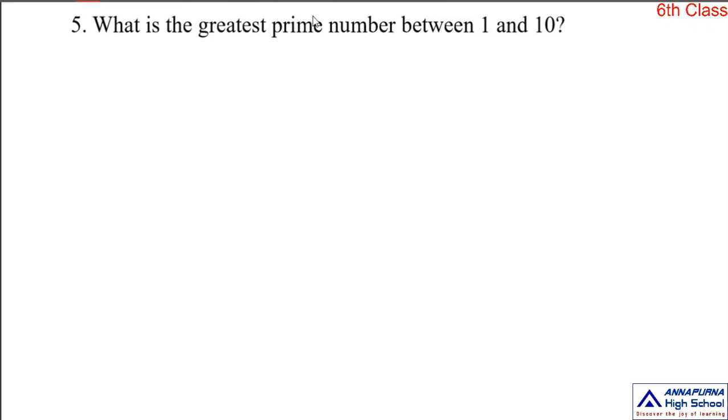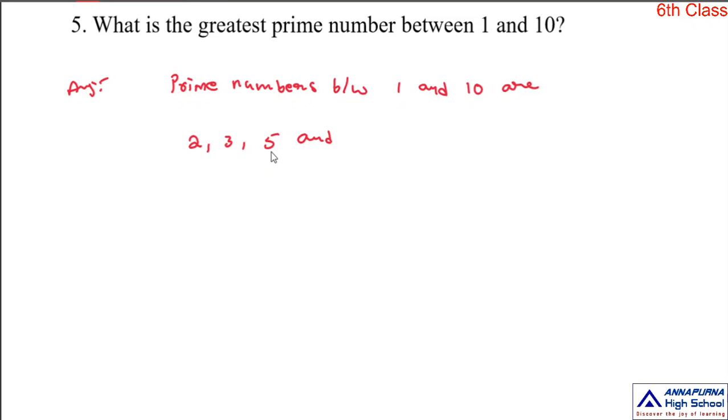The prime numbers between 1 and 10 are 2, 3, 5 and 7.